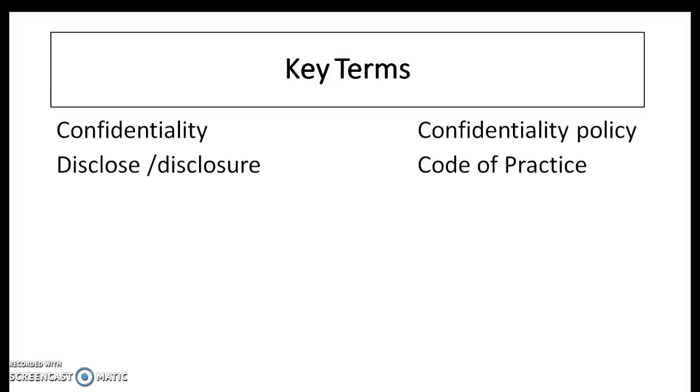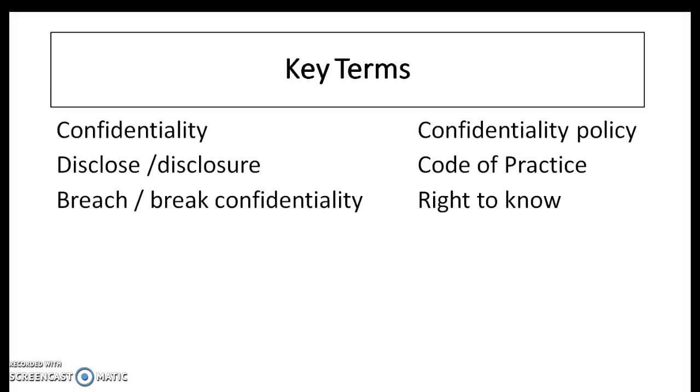A code of practice comes out of a policy on confidentiality. A code of practice is what you should actually do or not do in a care setting in order to maintain, in this case, confidentiality. A breach, or a break, in confidentiality is when you've passed information on to other people.